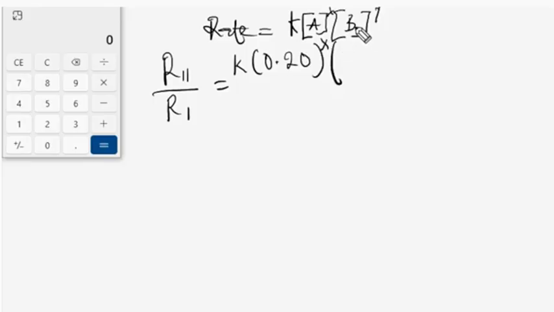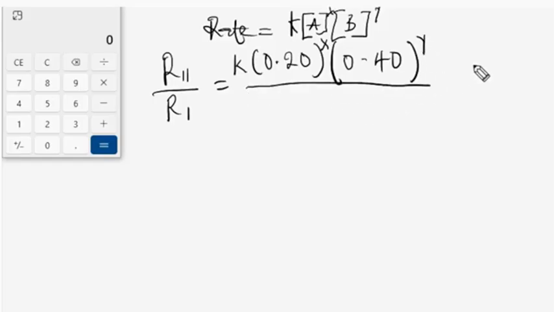For concentration of B with respect to the second rate, it's going to be 0.40. So we're going to put it down, 0.40, to the power of Y.